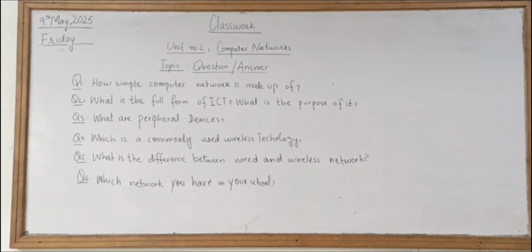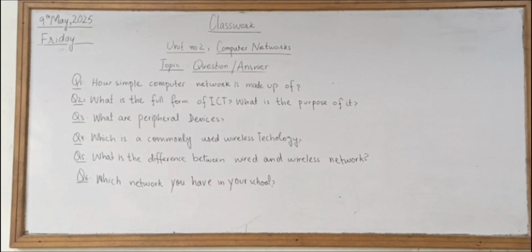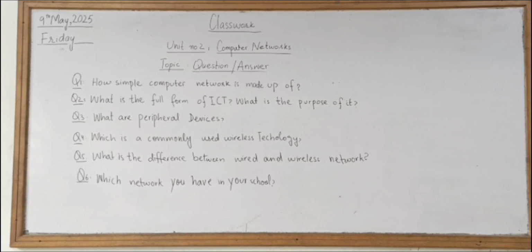And the fourth one is which is the commonly used wireless technology. So here we first discussed what is the meaning of wireless. Wireless means the technology that is not using wires or cables, they are using radio waves.